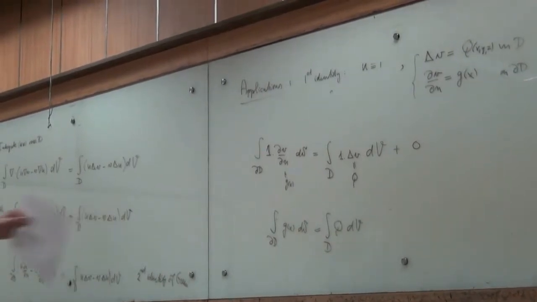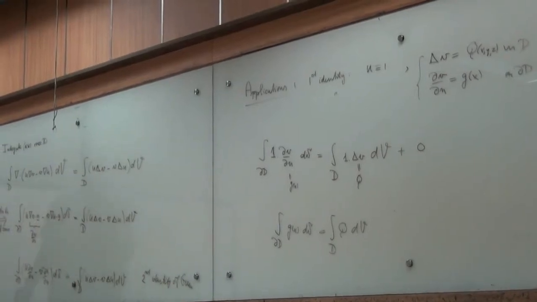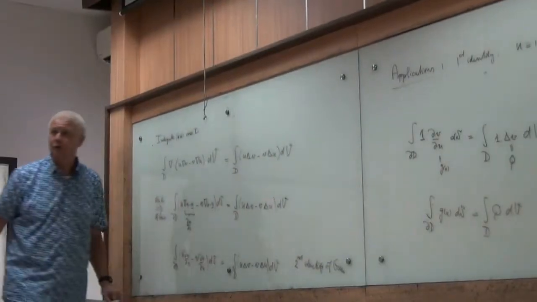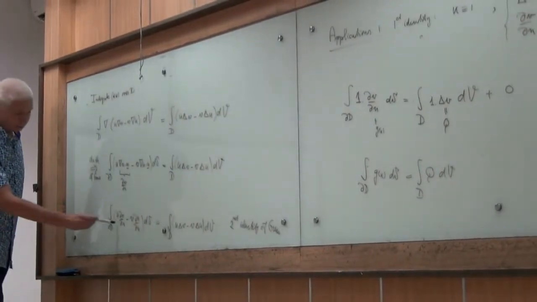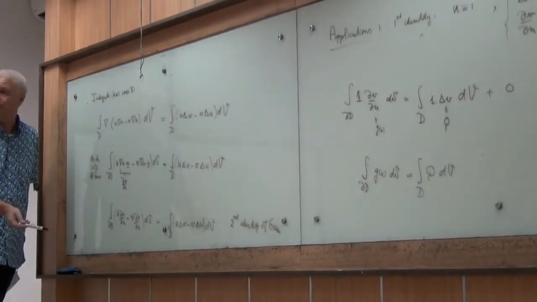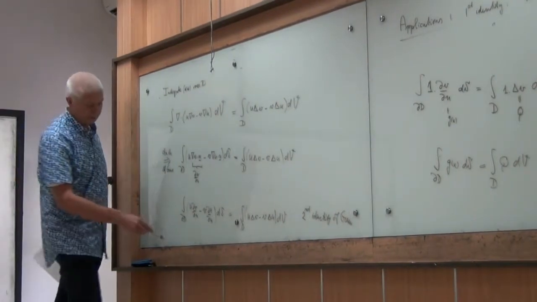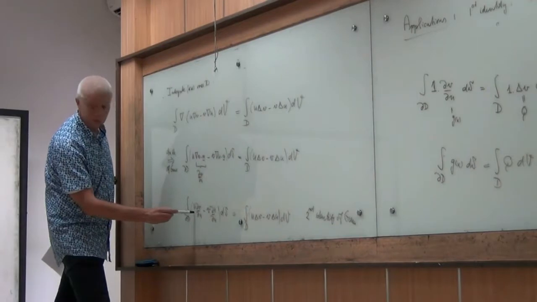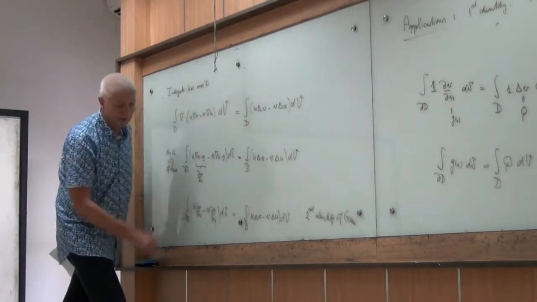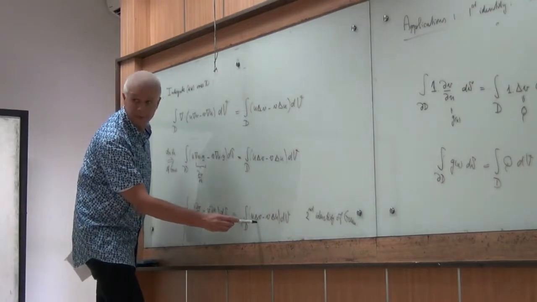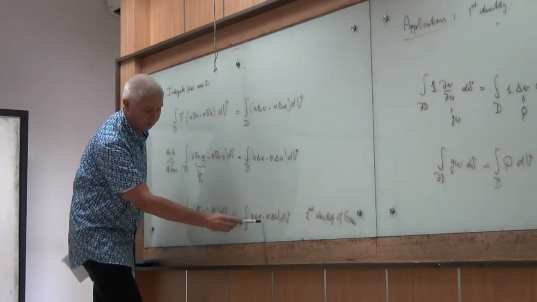Is it nice? That's a nice application. Okay. And this application for the second identity we are going to use for the Green's function. Because what I'm going to do later, the U is satisfying the problem I would like to solve, and V will be my Green's function. So here I will get something of what's happening through the boundary. Here I will get U Laplace V, that's the Laplace of the Green's function.